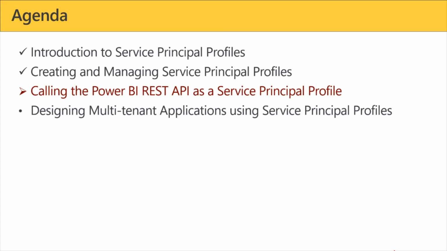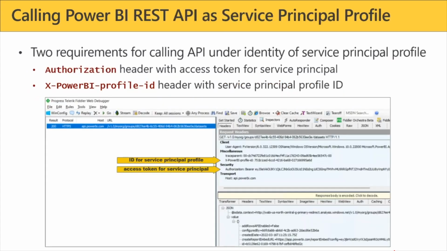Now, let's start working with calling into the Power BI REST API as a service principal profile. And there's only one trick. It's kind of tricky to get started, but the idea is that you will add a new header, which is the x-Power-BI-profile-ID.